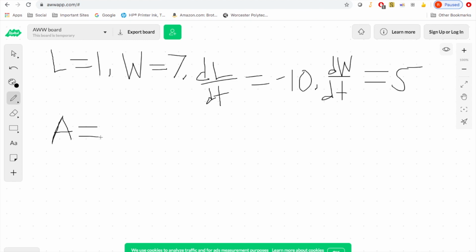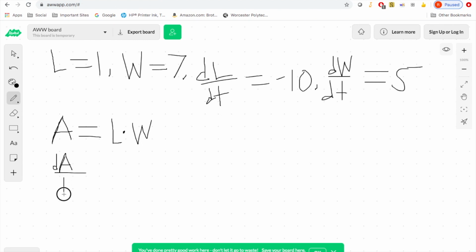So something that we can all agree on is that the area of a rectangle is defined by A equals L times W, right? Length times width. Now we're looking for the rate of change of the area, not the area. So wouldn't that just be dA dt? It would.